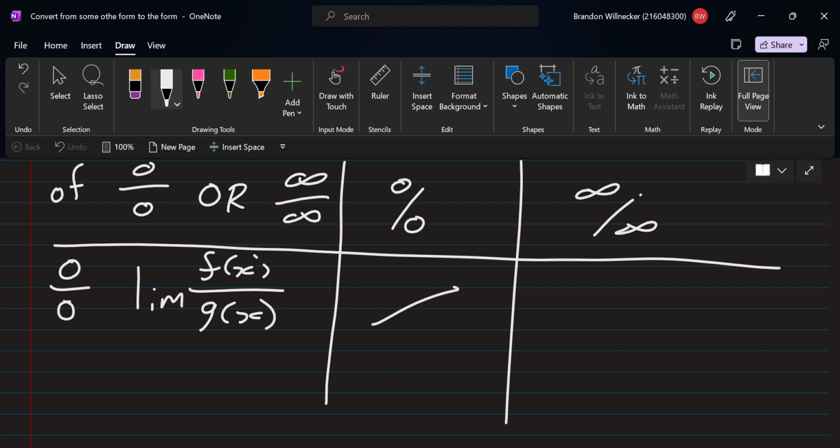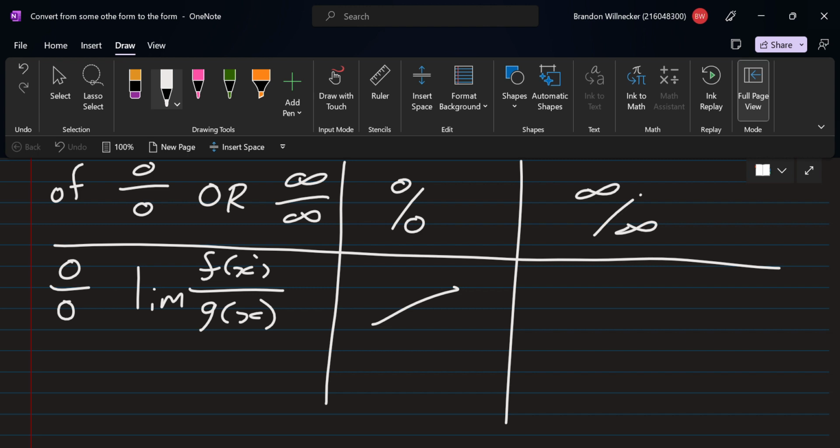Infinity over infinity, how do we convert that? Well, we know that the top part goes to 0 and the bottom part also goes to 0. But what happens if we have something like 1 over x as x goes to 0? If x goes to 0, then 1 over x goes to infinity. So what we can do is rearrange this a bit so that since we know the top part goes to 0, if we take 1 over that, it goes to infinity, which is what we want.